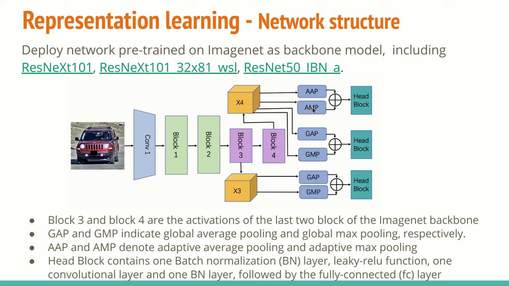AMP is adaptive max pooling, used for extracting the local features to fit the head block. In the head block, we have a batch normalization layer followed by a leaky ReLU function layer and a convolution layer. Next is another batch normalization layer, and the final is a fully connected layer.